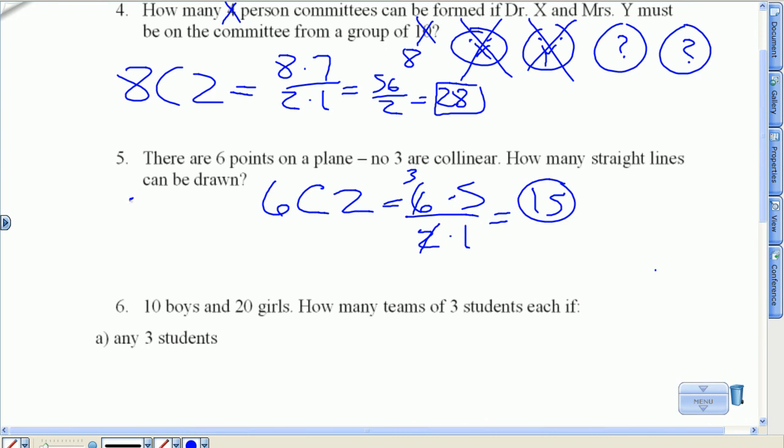And we can even look at it. Look at 1, 2, 3, 4, 5, 6. You ready? 1, 2, 3, 4, 5, 6, 7, 8, 9, 10, 11, 12, 13, and 14, and where's the missing line?